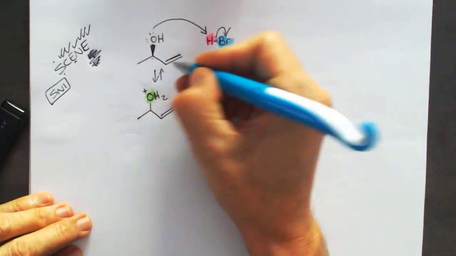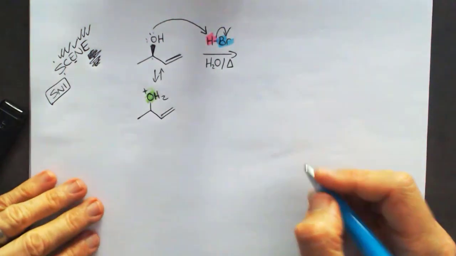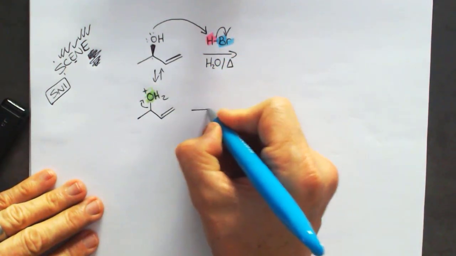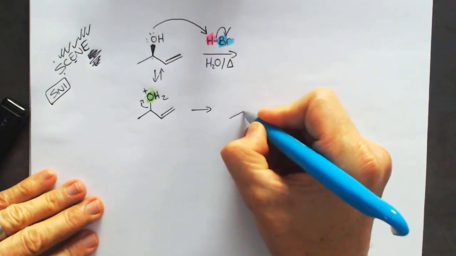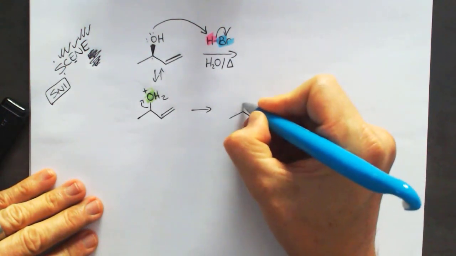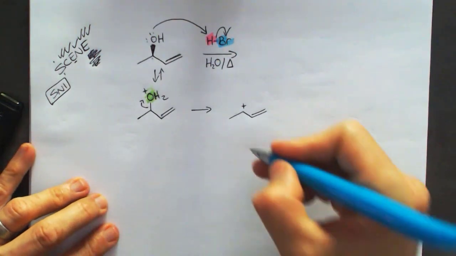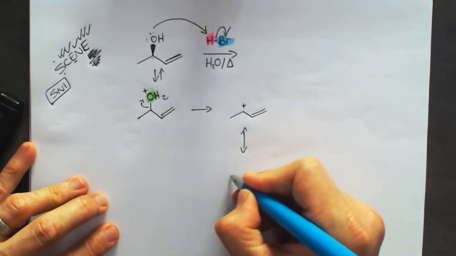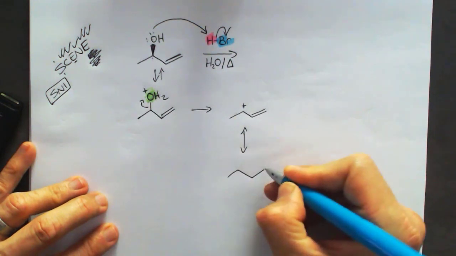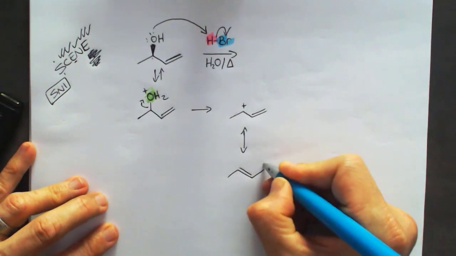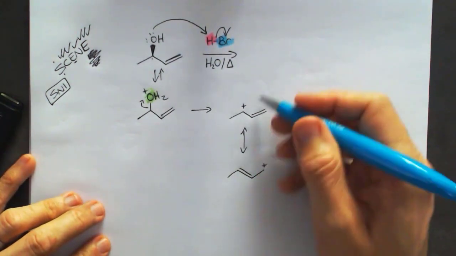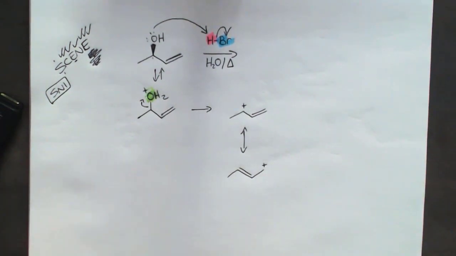Obviously, this would be in equilibrium because protonation is just something like that. When this leaves over here, we generate that carbocation. And the carbocation is a resonance intermediate between that and this over here. Those two are both valid resonance intermediates.